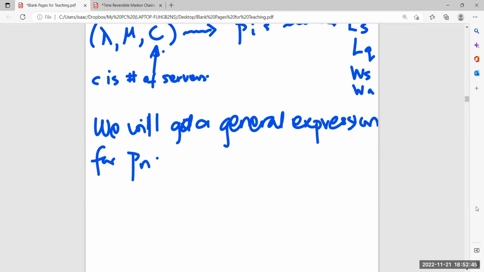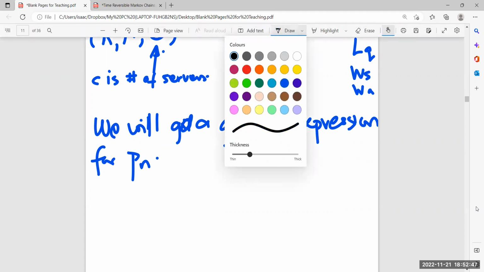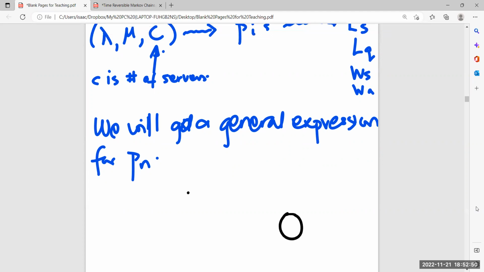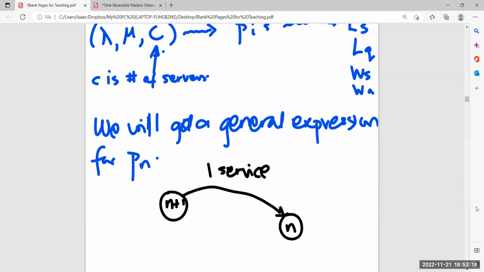So let's look at it by means of a diagram. If we have n persons in the system here, then I could have had n+1 persons in the system before, and then I moved over to n. So one person had to leave. When one person leaves, that means that person has been serviced, correct? So one service. Any arrivals? No. So one service and no arrivals.